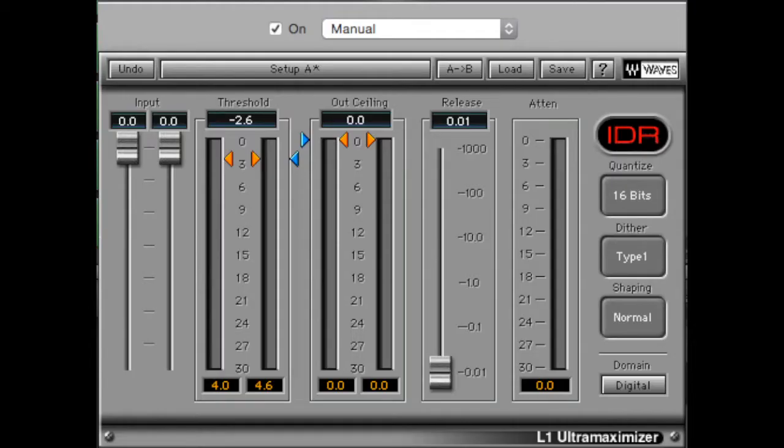So we see here on the right, the input level is set at 0. To the left of it, we see the level meters labeled threshold set at negative 2.6 dBFS. The threshold is the highest level of the output signal. Negative 2.6 is where I like to keep it, but that's just me.